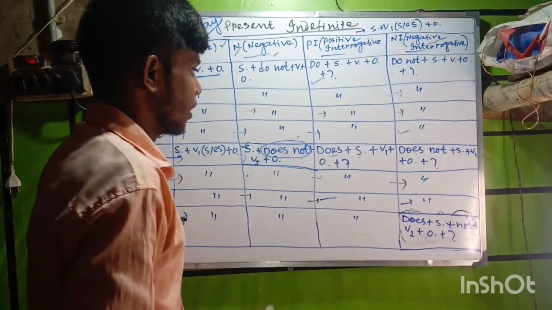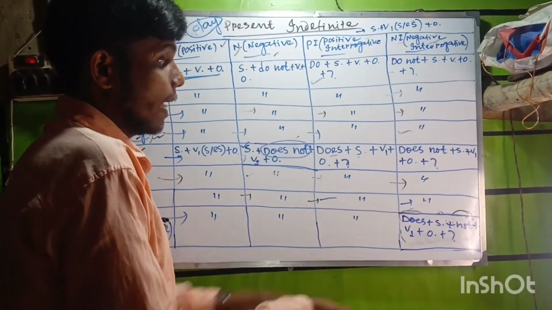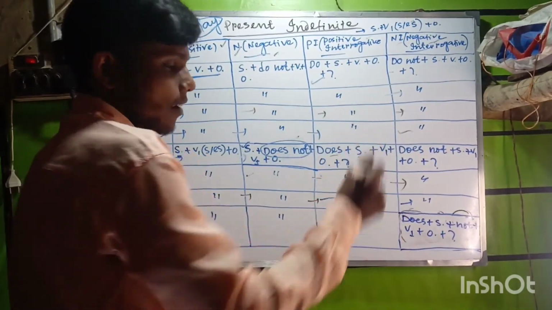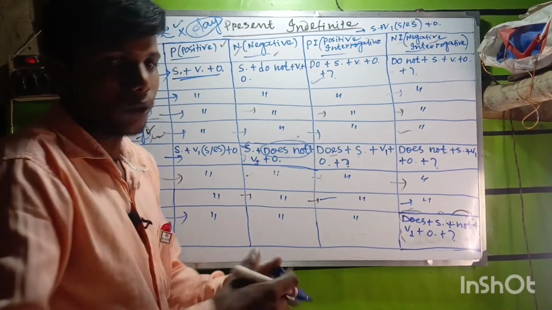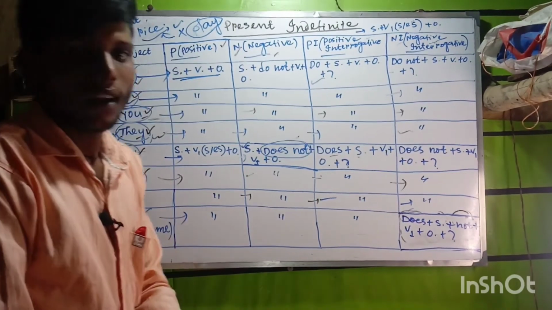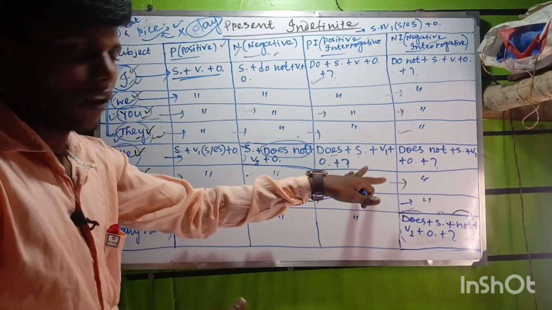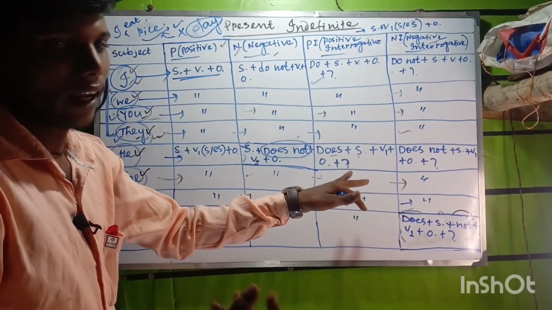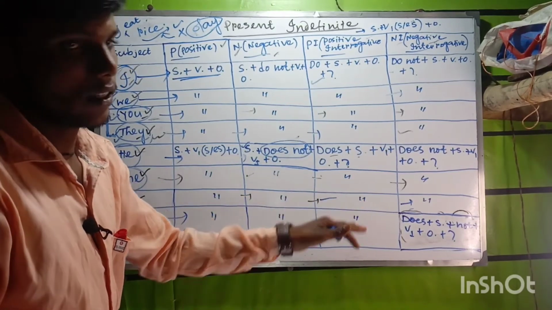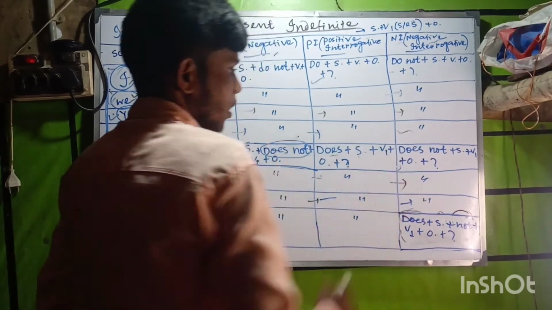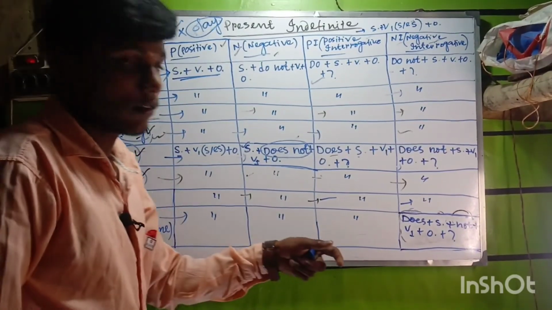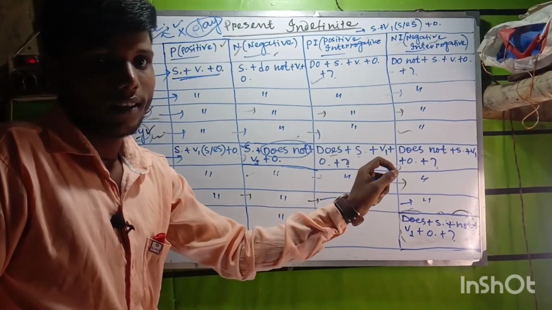Does he play? If I extend, you also extend this sentence. Does he play football? Does he play cricket? Does he play table tennis? Does he play chess? Etc. Whatever you can do. And the negative one is doesn't. Doesn't he play?